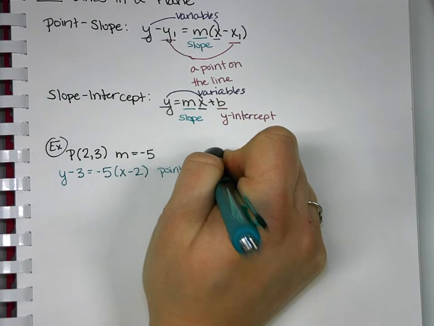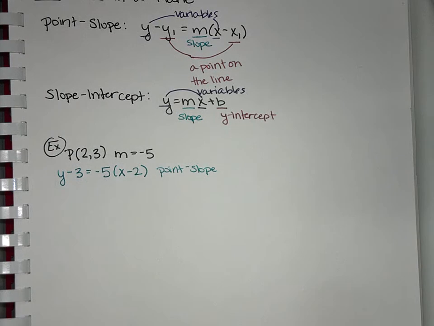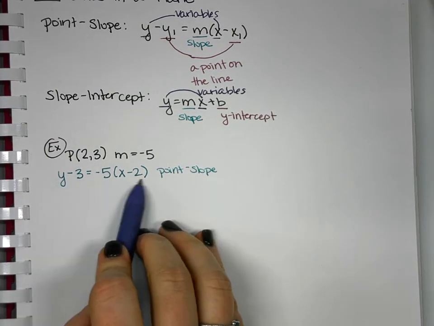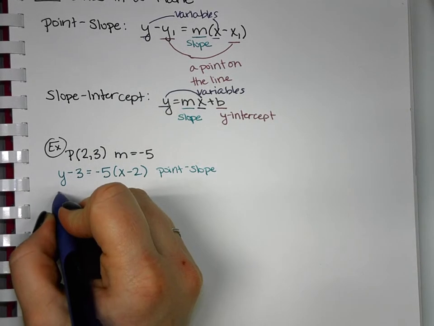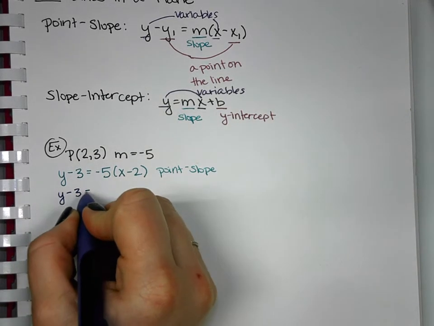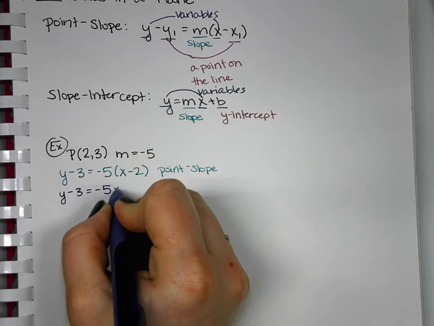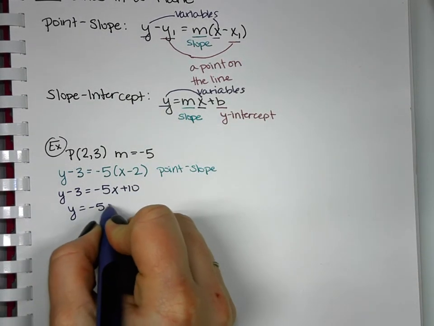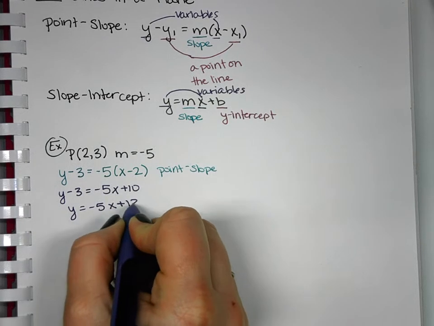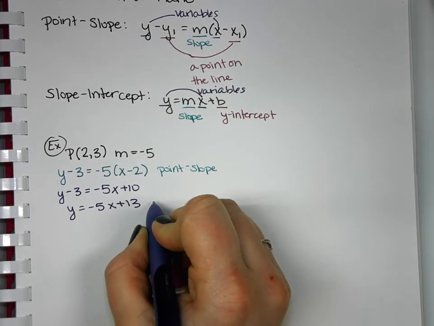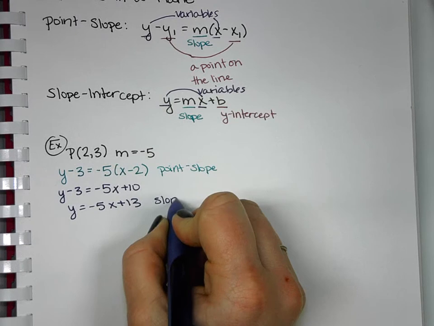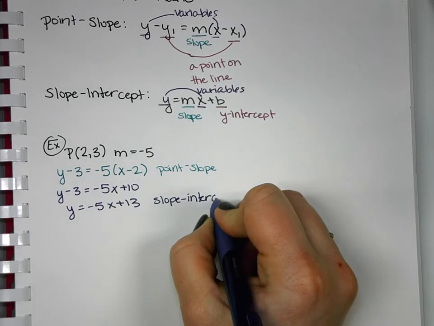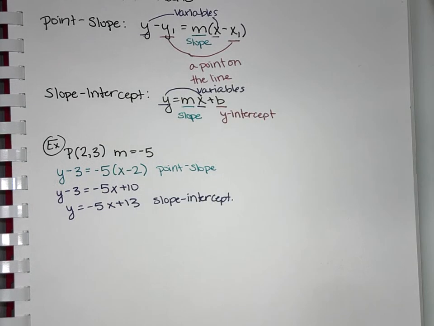Now if your directions said to go to slope intercept form, what we would have to do here is take this equation and solve for y. So I'm going to distribute the -5 and add 3. There's slope-intercept. So make sure you read the directions to know which form it's asking for.